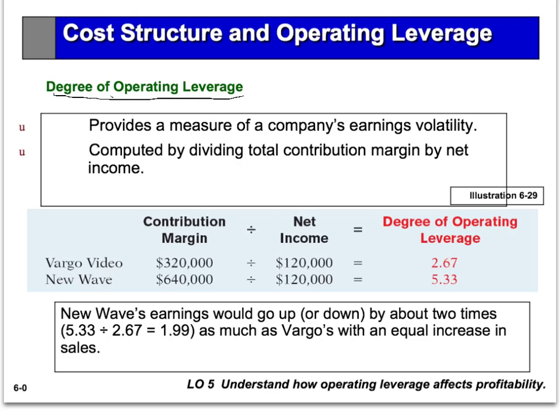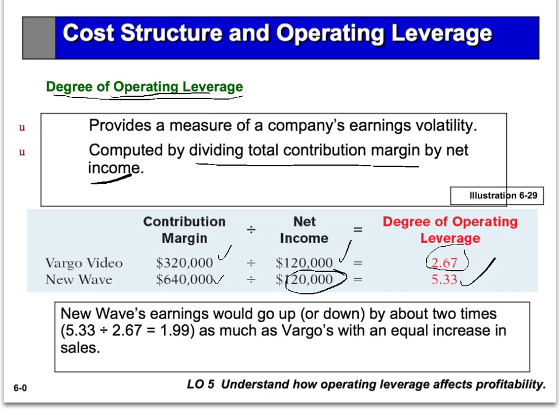We now have something called the degree of operating leverage. Now this is a calculation. You understand the idea. The calculation is simple. You simply take the contribution margin and divide it by net income. So the contribution margin for Vargo, the net income, not sales, net income, and they get a factor called 2.67. New Wave, higher contribution, same net income, and gets a factor almost twice as much.